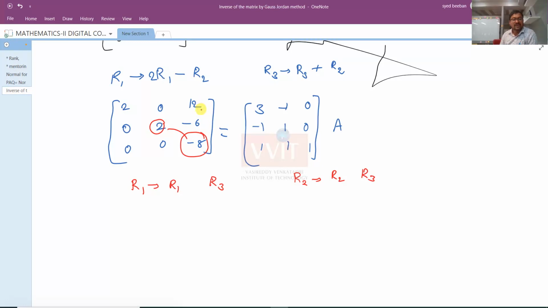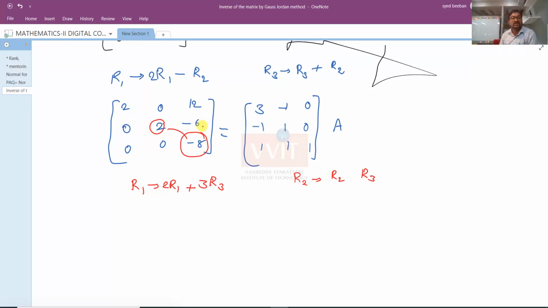So the LCM of 8 and 12 would be 24, meaning here 12 twos are 24, so I need to multiply this one with 2, this one with 3. Both have alternate signs, meaning need to add. Here R2 and R3: here is 6 and 8.